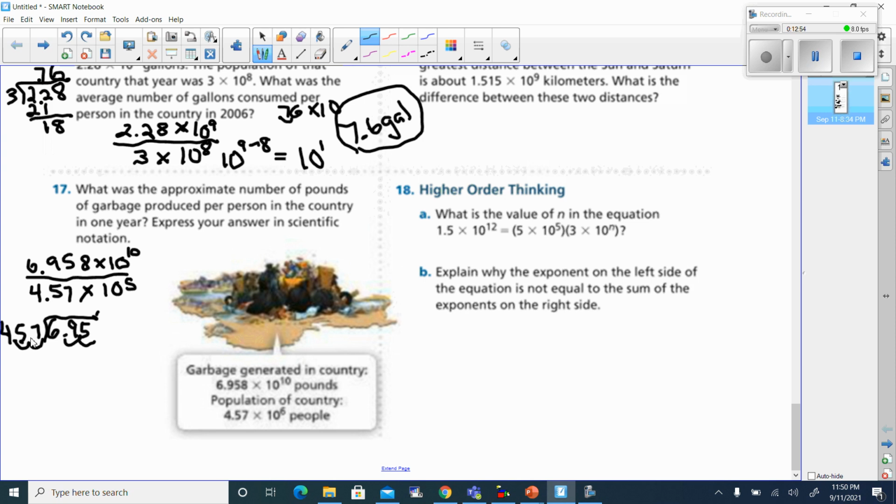How many times is 457 going into 695? Well, 1 time. All right, 457. I'm going to clean this up just a little bit so we can see a little better. I don't want anyone getting too confused with my work because it's messy. 6.958, right?